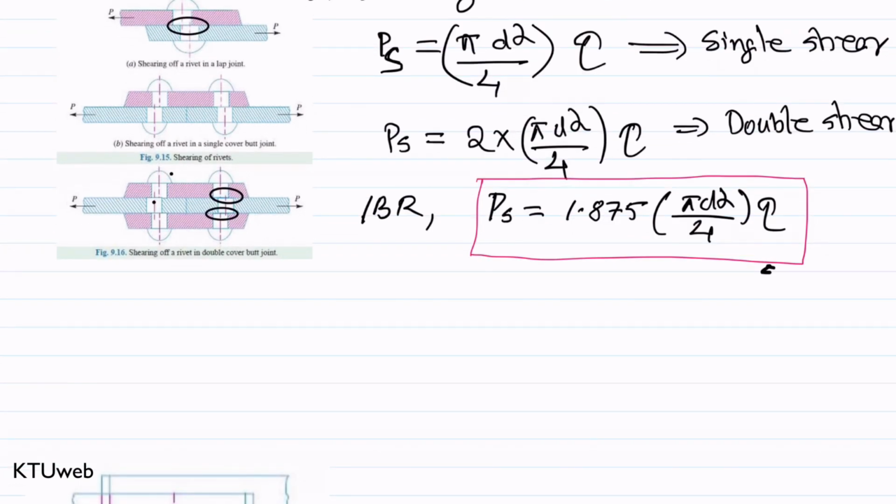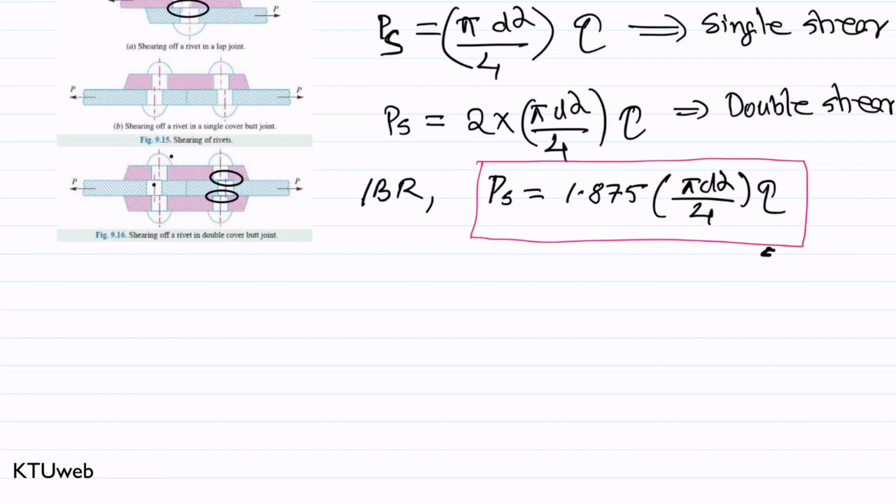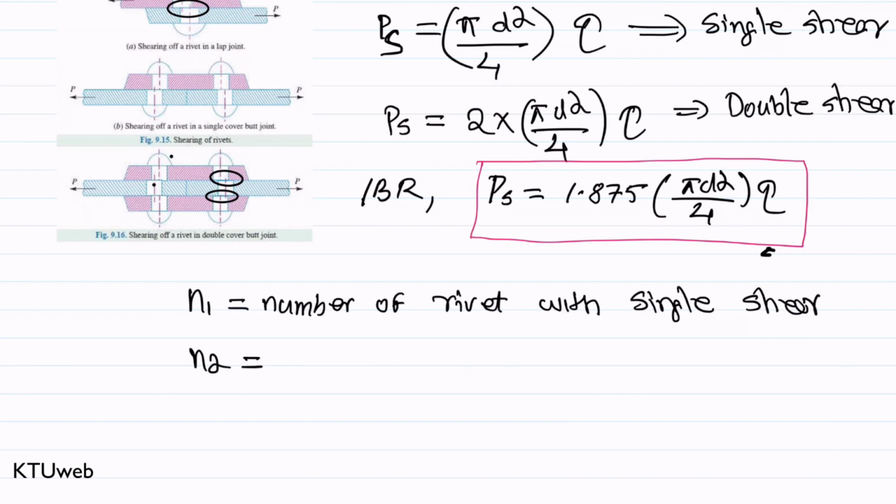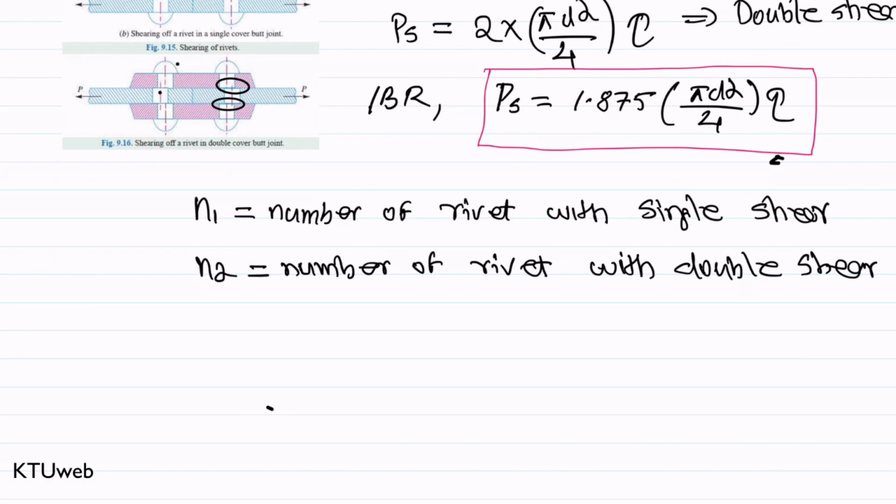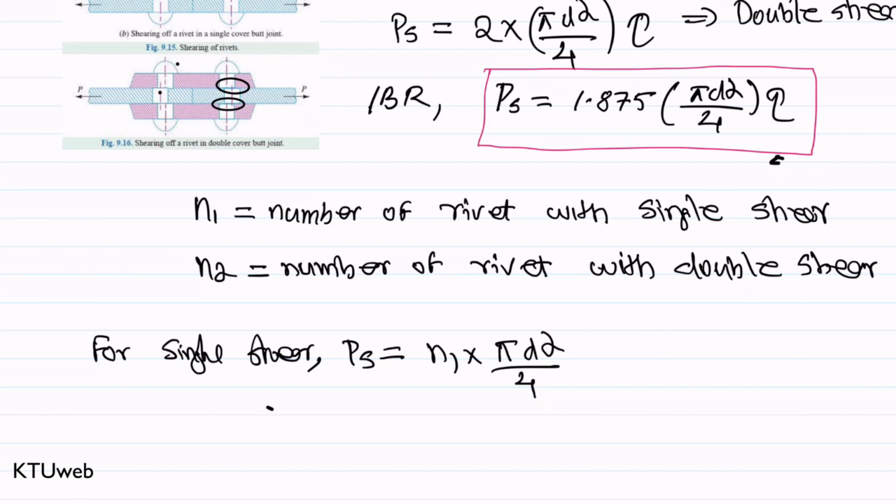And here there is another consideration. Whenever you design a rivet, you have to identify how many rivets are experiencing single shear and how many rivets are experiencing double shear. Suppose you have N1 number of rivets with single shear and N2 number of rivets with double shear. Now the strength of single shear, we can write, PS is equal to N1 into pi d square by 4 into tau.